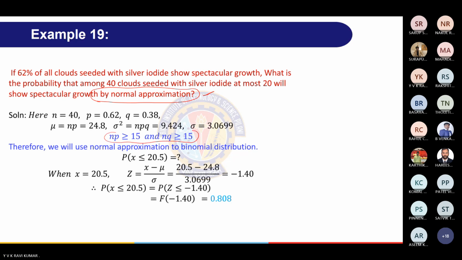Here it says at most 20. You see this statement clearly. At most 20 means less than or equal to 20, which is modified as less than or equal to 20.5 actually.